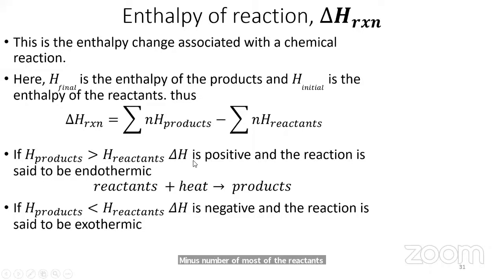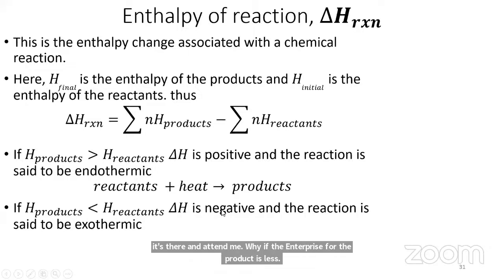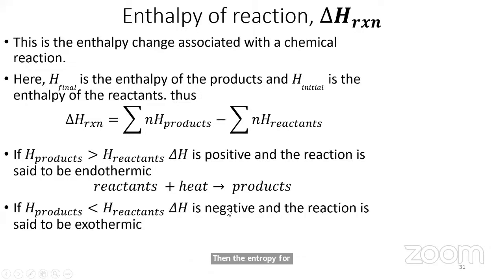If your H product is greater than the reactant, then your delta H is positive and the reaction is endothermic. Always know that when your delta H is positive, then it's endothermic. If the enthalpy of the product is less than the enthalpy of the reactant, then your delta H is negative and the reaction is going to be exothermic.